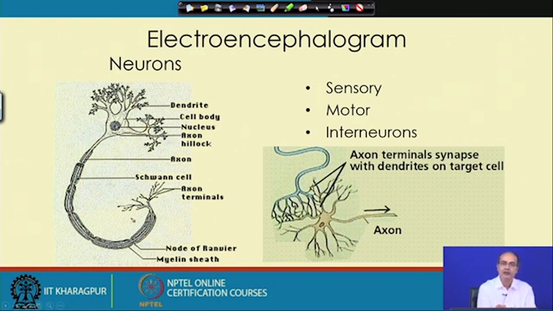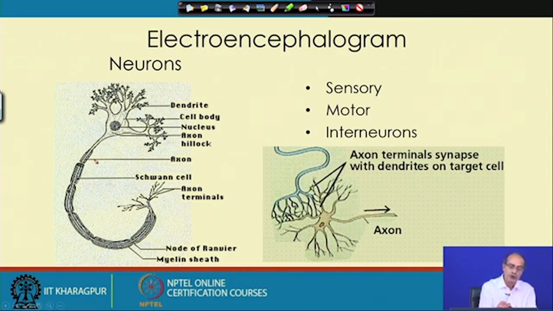That means, when we talk about action potential through the transfer of ions from the cell to outside and in the reverse way, that is not possible in those regions where the lipid layer is there.